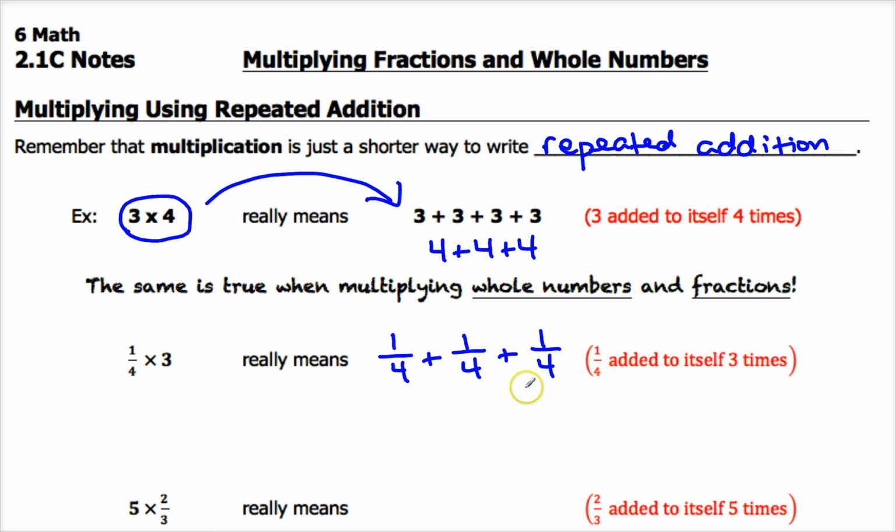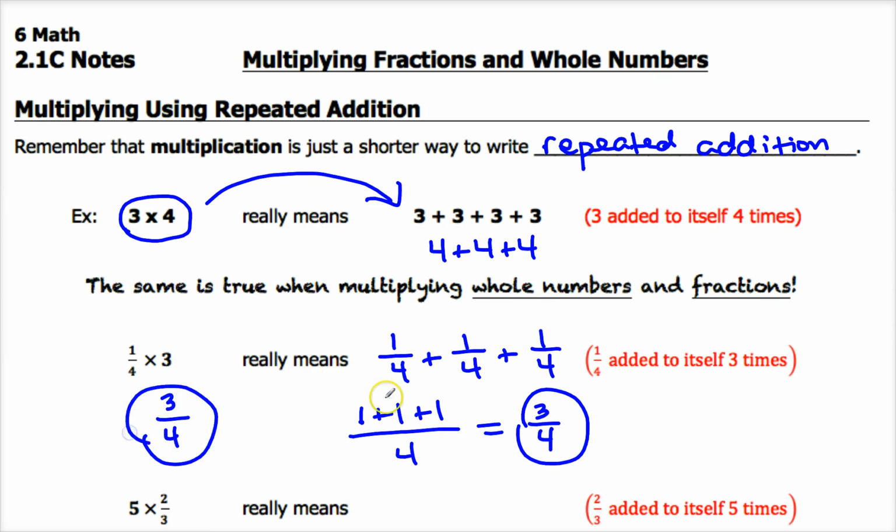And so if you're adding 1/4 plus itself 3 times, we know it already has a common denominator of 4. So 1/4 plus 1/4 plus 1/4 would be the same as having 3/4. Add your numerators, 1 plus 1 plus 1 all over 4. That gives you 3/4. Okay, so we can say that 1/4 times 3 is really just 3/4 by using repeated addition.